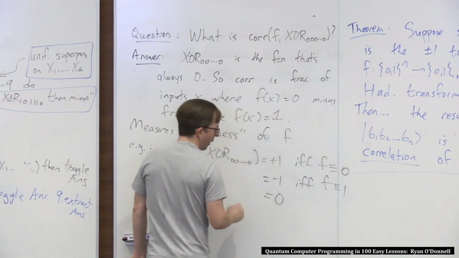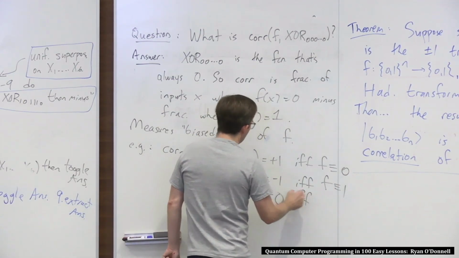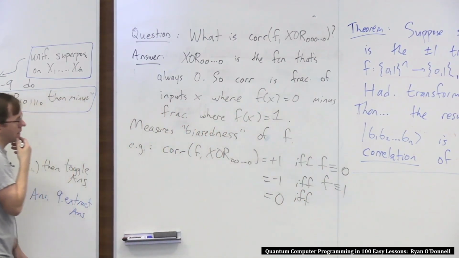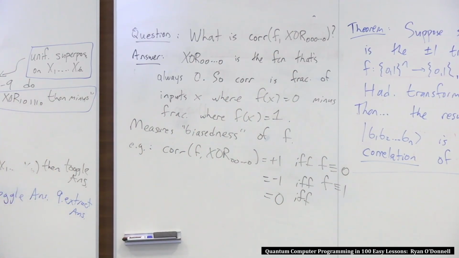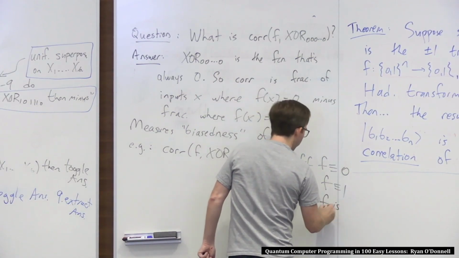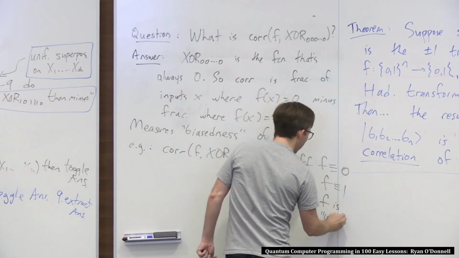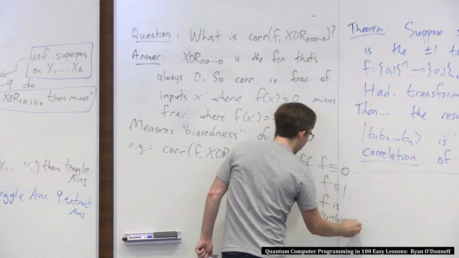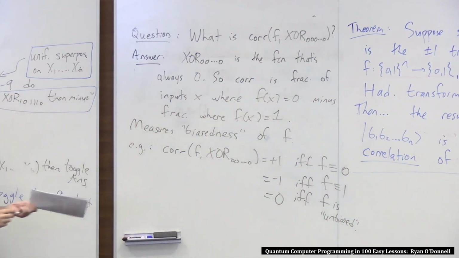And it's 0 if and only if these two fractions are both a half, if and only if f is unbiased in the sense of last lecture, if the truth table is 50-50 zeros and ones.